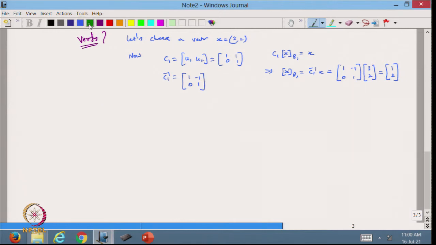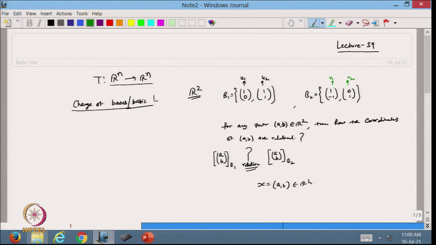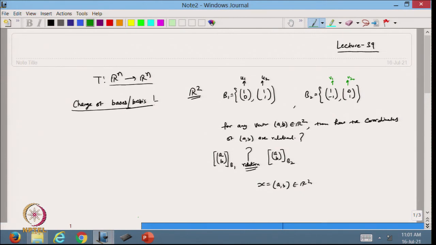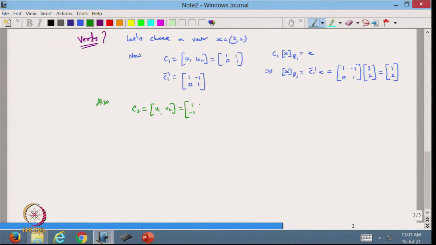Also, I want to write C2. So, C2 I am writing with respect to the basis V1 and V2. So, C2 is basically V1 and V2. That is equal to 1 minus 1, 1 minus 1 0 1, and now my x with respect to B2 is C2 inverse x. Now, I can find my C2 inverse.